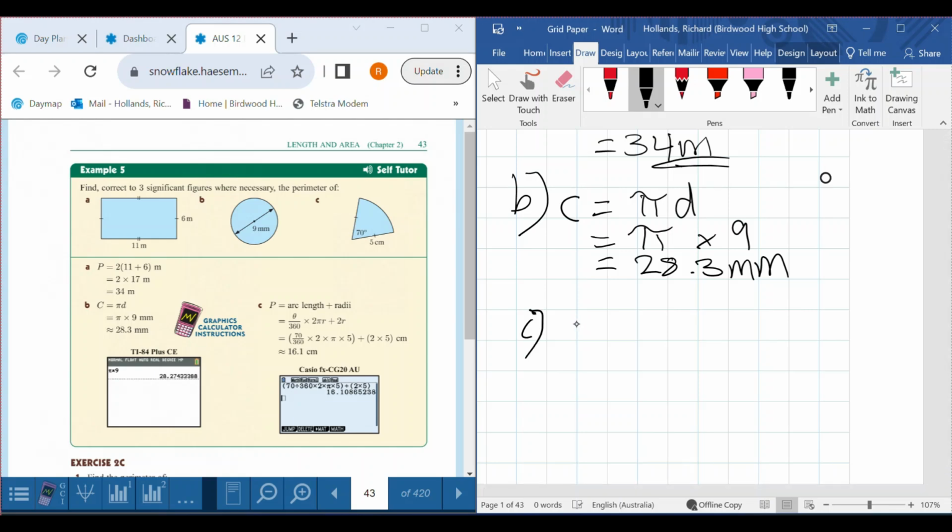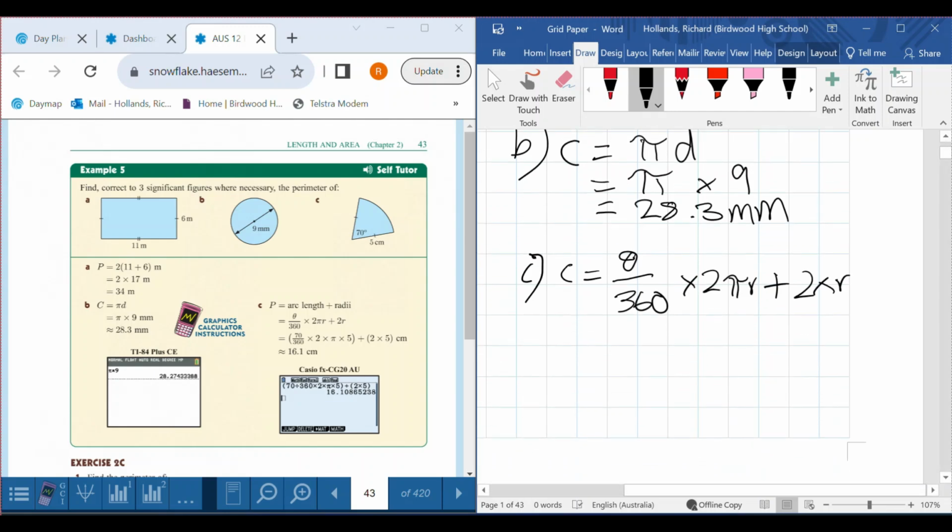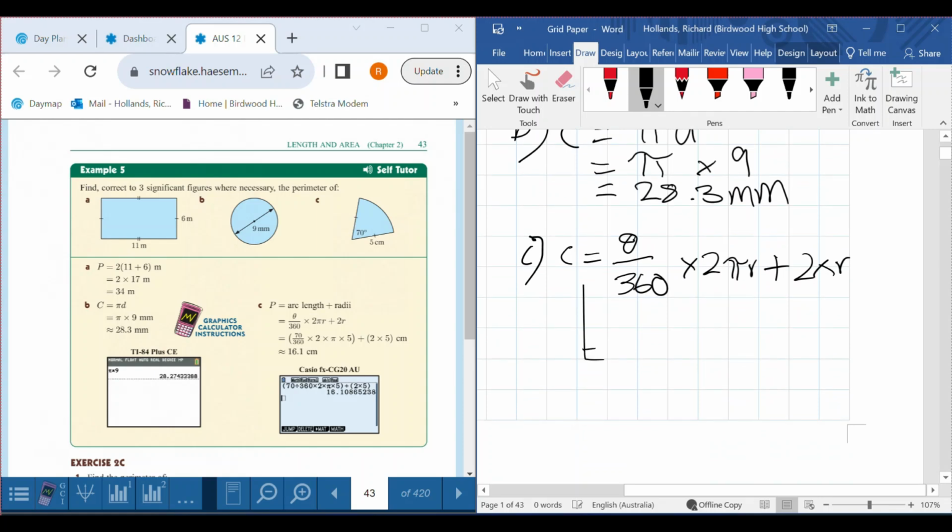So C, it gives us the circumference of the arc, or the perimeter, equals that little symbol, I thought I drew that quite well, over 360 times 2 pi r plus 2 times r. All right, so if we scroll down, give myself a bit more room, get rid of that weird mark there.